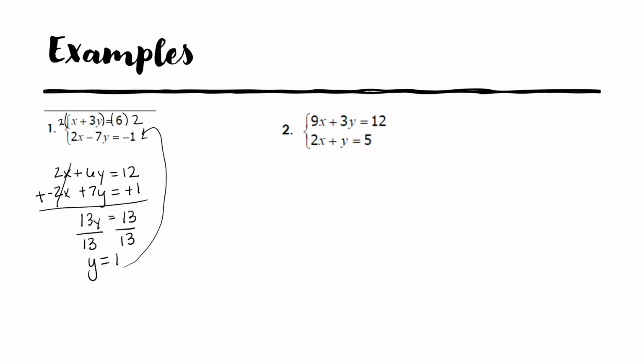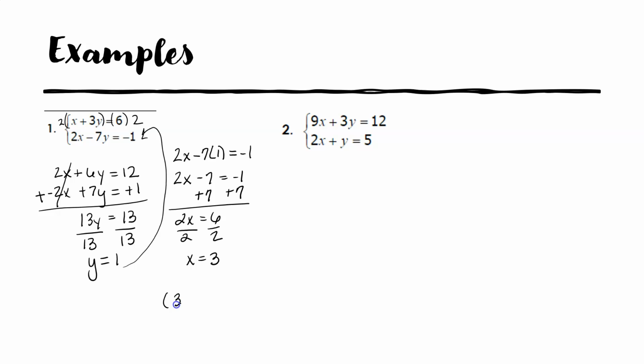So I'm going to plug the y into that second one. 2x minus 7 times 1 equals -1. So I have 2x minus 7 equals -1. I'm going to add 7 to both sides, so I have 2x equals 6 now, and I'm going to divide by 2, so x is 3. So my solution is 3, 1.